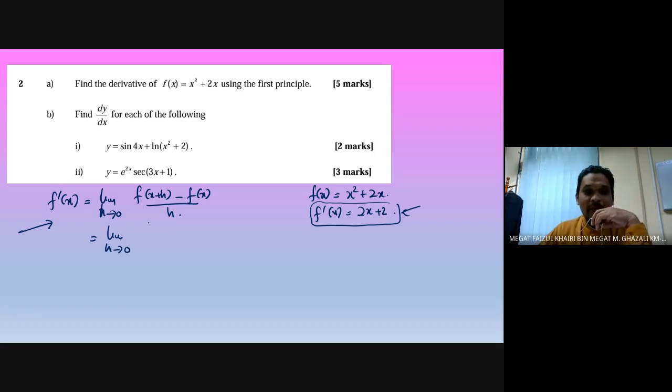Okay, f(x plus h) means that every single x that you see here, we are going to replace with x plus h. So then (x plus h) squared plus 2(x plus h) minus f(x), x squared plus 2x, and everything divided by h.